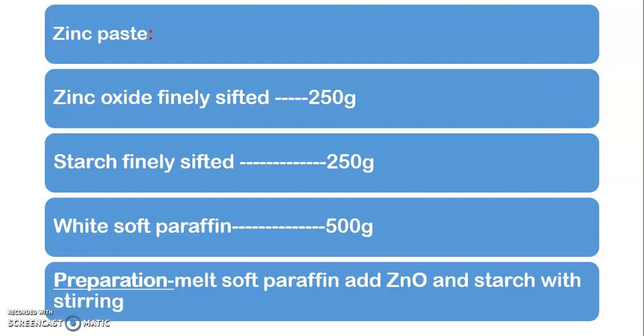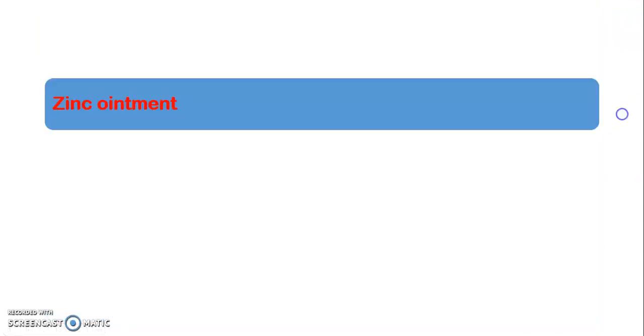Coming to the preparation, first melt the soft paraffin and add zinc oxide slowly and starch, then stir it continuously to get smooth paste. The use of the compound is astringent and antiseptic.